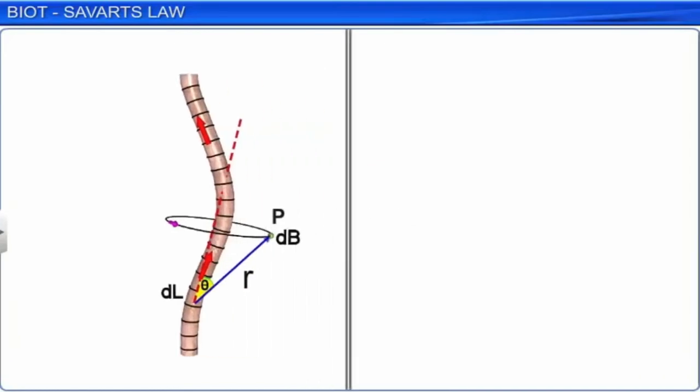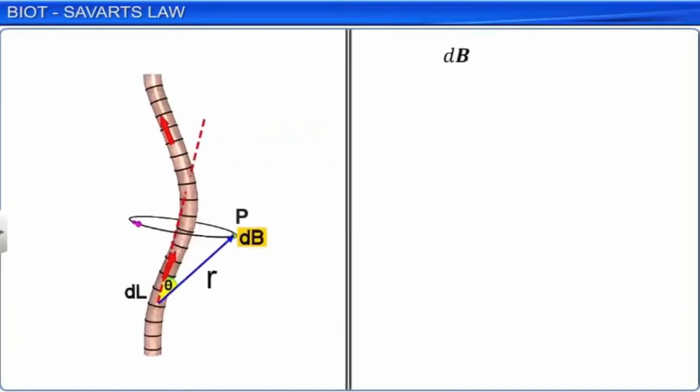The magnetic induction dB at point P due to the element is directly proportional to the current I in the element.